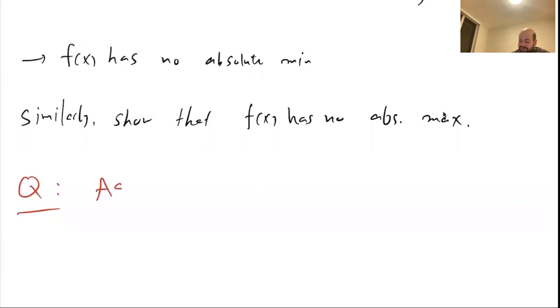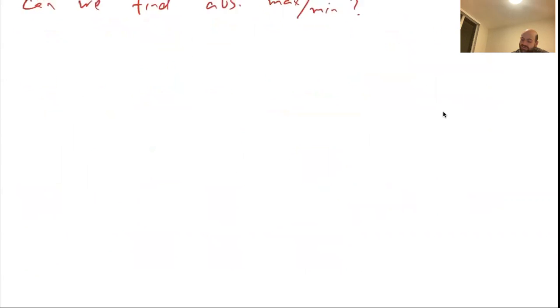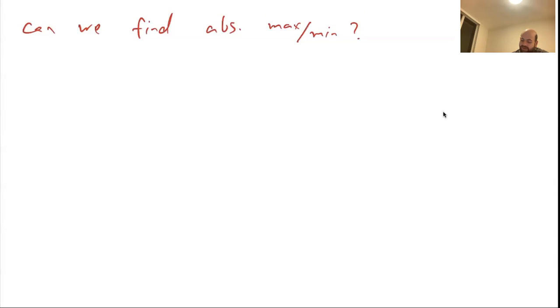So assuming f of x has an absolute max and min, how can we find the absolute max and min? So to answer this question, we need a fact.